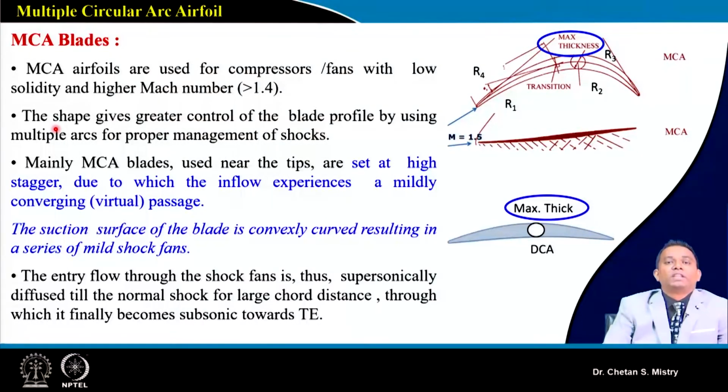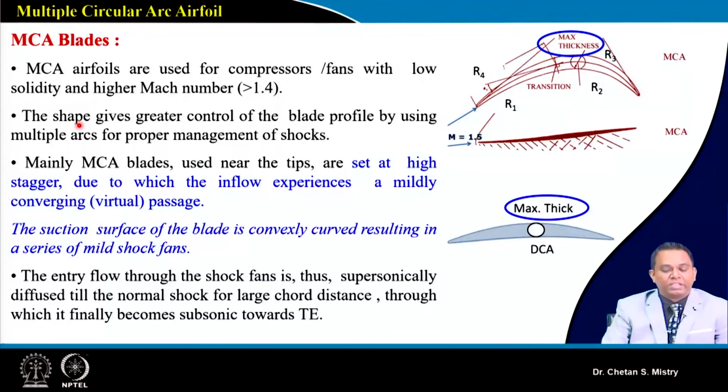Now after this, when we have a Mach number in the range of 1.4, we can move with DCA, or maybe we can go with CDA. We are always crazy, looking for higher and higher numbers. Suppose we look for a Mach number in the range of 1.6, it may be possible that DCA will not work as per our expectation, because flow management within the blade passage is very important there.